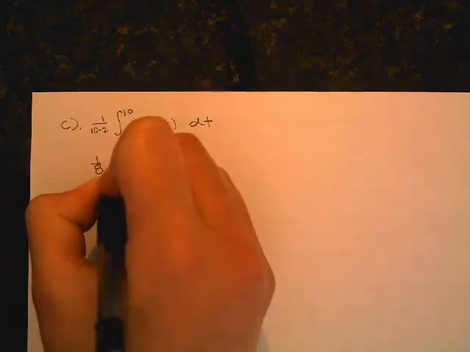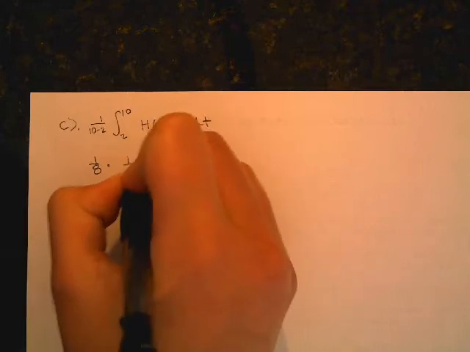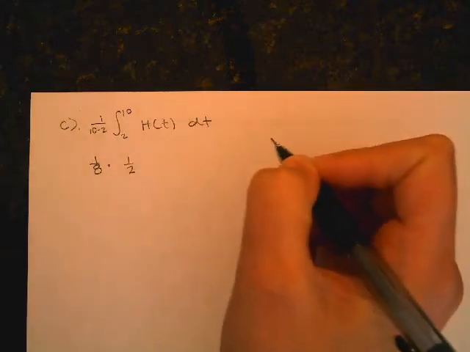And so we're going to have 1/8, that's the part that makes it the average. And then we have 1/2, that's part of the formula for the trapezoid.